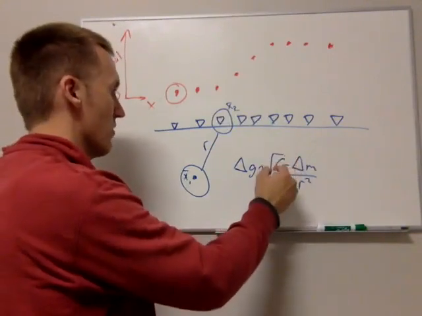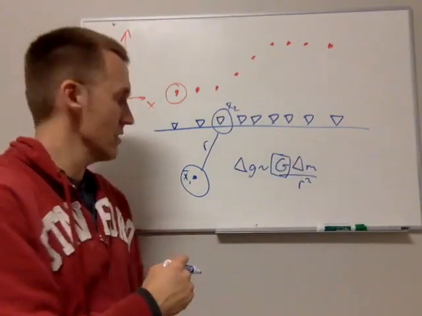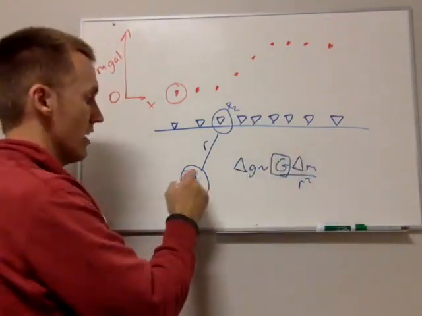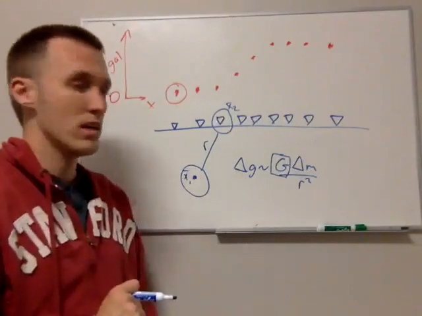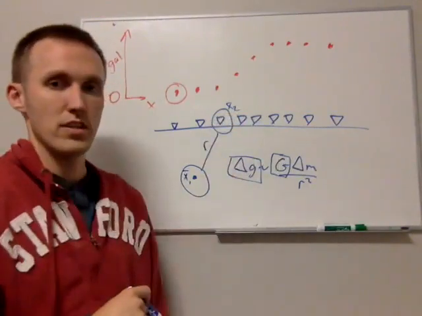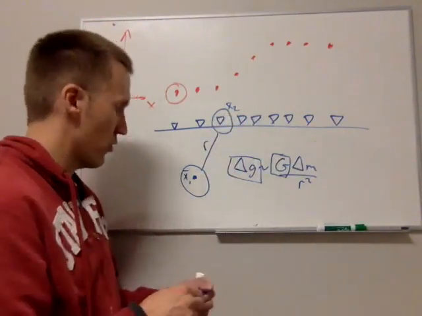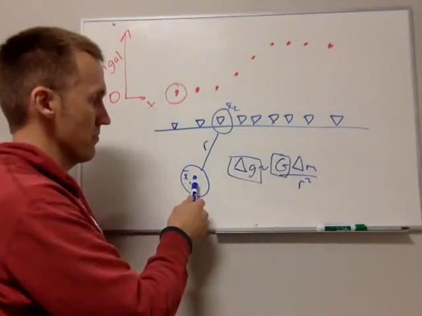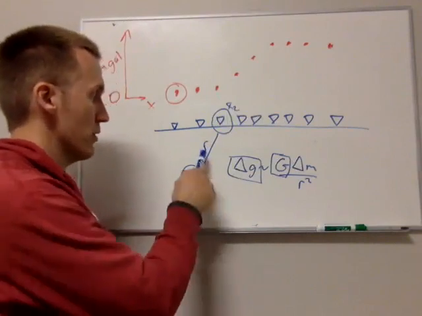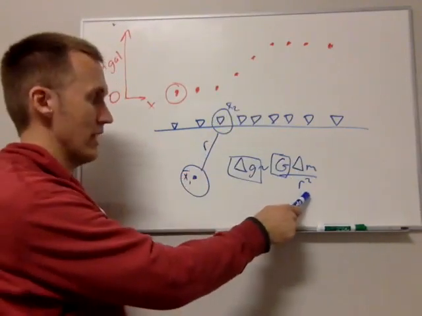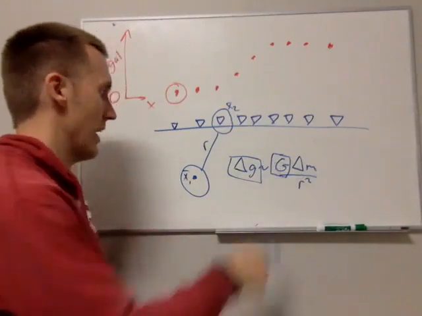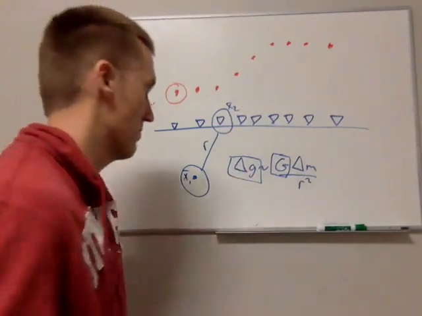We have this G, that's just a constant, and so basically if we know what the mass anomaly is here at this point, we can work out what the gravitational anomaly would be at this observation location. Do you see how that works? So if we know delta m here, and we know the position of this point, we know the position of that point, we can compute the distance between those 2 points. That goes in here. The mass anomaly goes in here. And then G is just a constant. And that gives us our gravity anomaly.